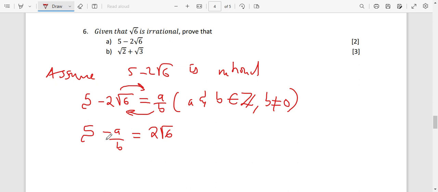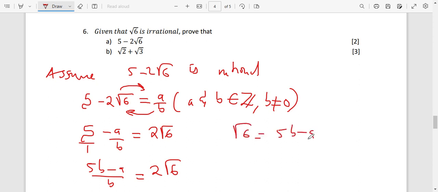Surely you take a over b the other side, the 5 becomes negative, the a over b is positive. So do the subtraction here, made as a single fraction. This is going to be 5b minus a over b is equal to 2 square root of 6. Divide both sides by 2. So you are going to have square root of 6 being equal to 5b minus a over 2b.